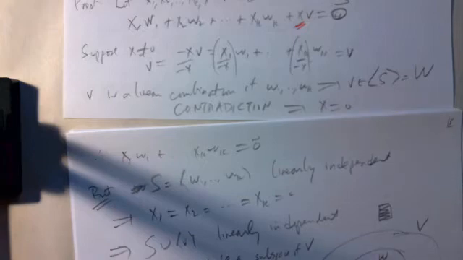Now, suppose we let W1 up to WK be a linearly independent subset of W. So sitting in here, we have K vectors that are linearly independent, but these K vectors are contained in V, and they're contained in W, and W is contained in V. So these K vectors are vectors in V, and V has dimension n.